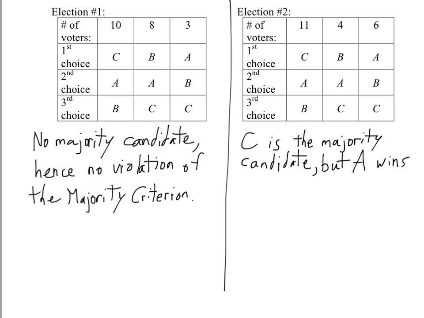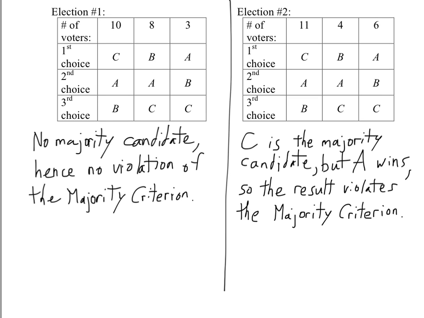That was the premise of the question, that a voting method is applied which somehow, by its inner workings, declares A to be the winner of this election. Well, in that case, the election result does violate the majority criterion. There was a right candidate and a wrong candidate, and the wrong candidate won.